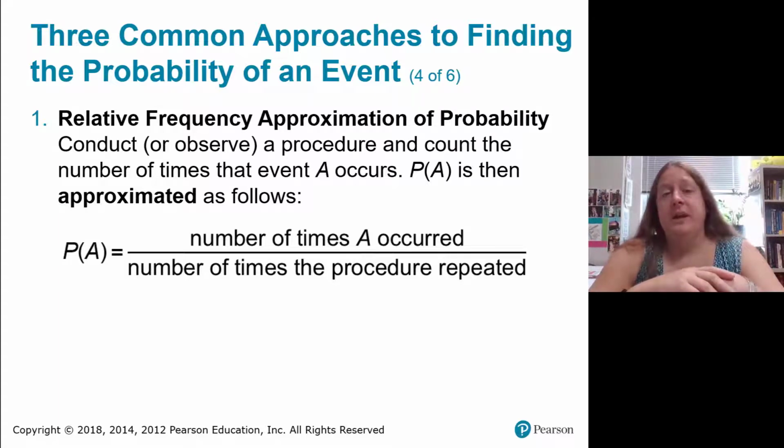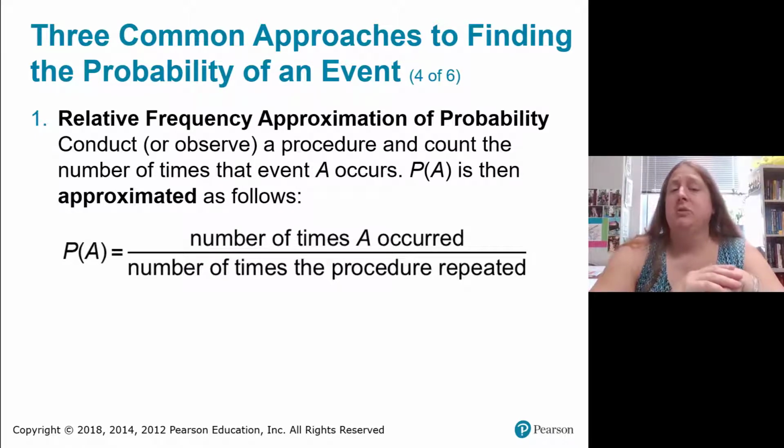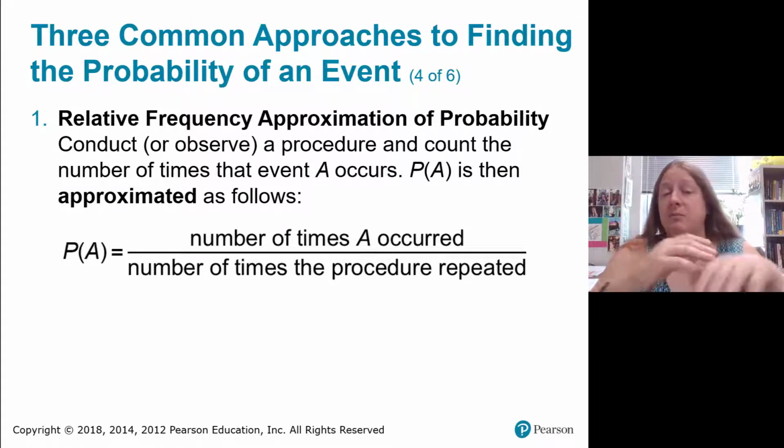So the first way that we can find this is finding the relative frequency approximation of probability. To do this, we're going to conduct a procedure and we're going to count the number of times that event A occurs. And then the probability of A is just going to be calculated by taking the number of times that A occurred divided by the number of times the procedure was repeated.